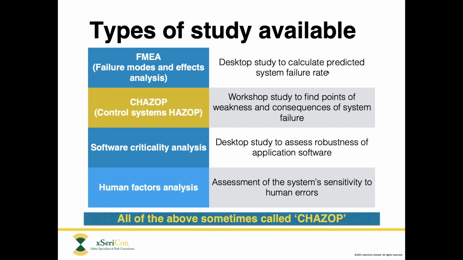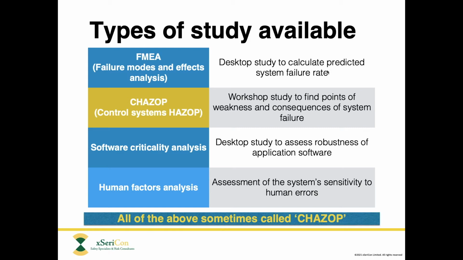So that's FMEA. CHAZOP, Control System HAZOP, which is the focus of our talk today, is a workshop study that focuses on the control system specifically. It systematically goes through a series of prompts or questions relating to the study in order to find points of weakness or vulnerability within the system and determine what would be the failure if those either failure events or other kinds of upset event occur.